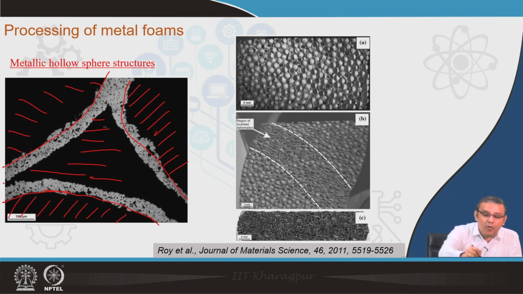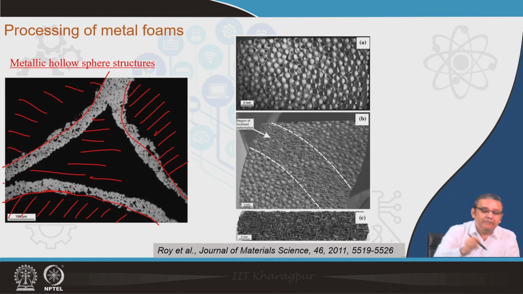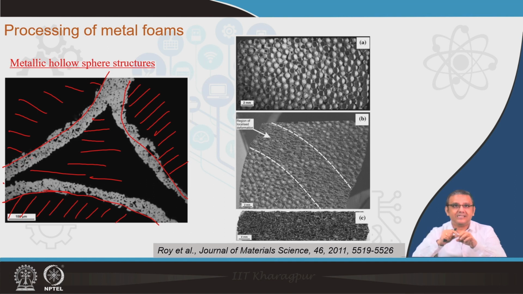Then you have the open pores between the joining of the individual spheres, and then you have the very small micron-sized pores, or micropores, within the cell walls, remaining because of the lack of sintering between the individual metal particles during the final sintering process.